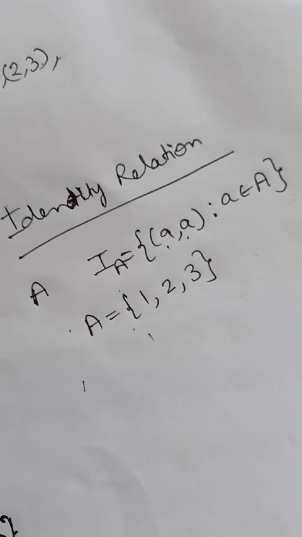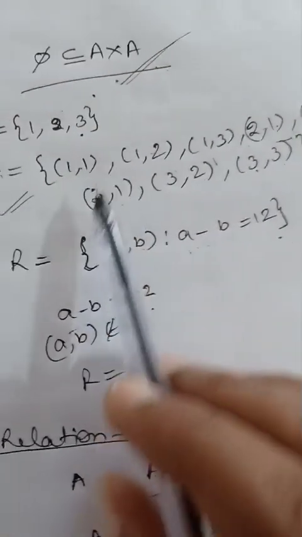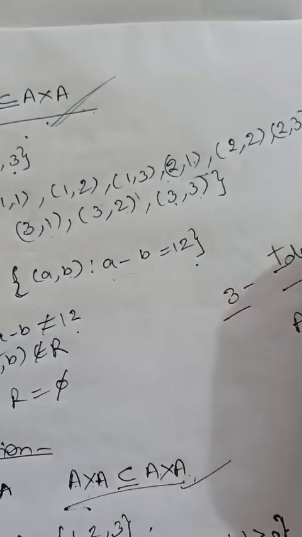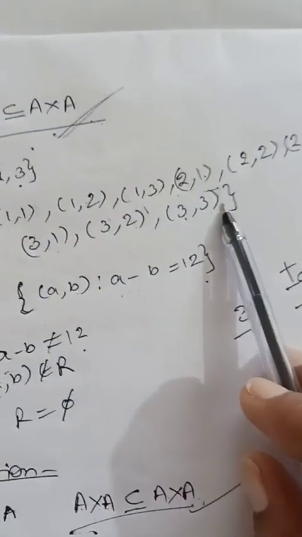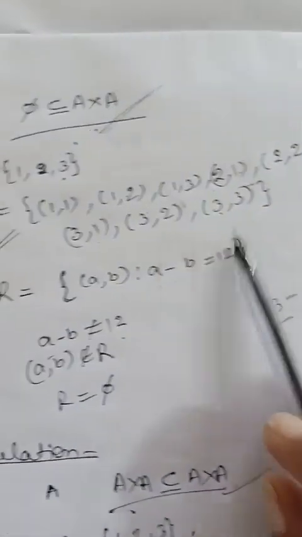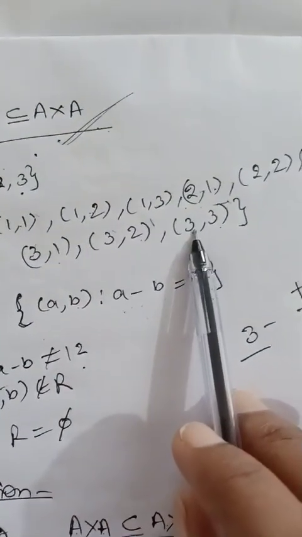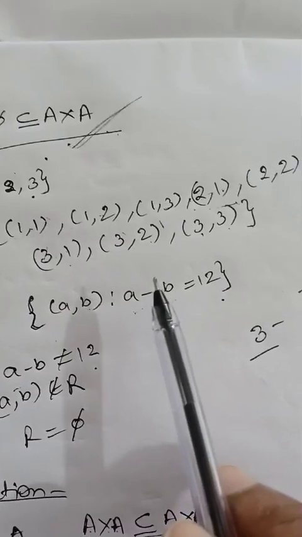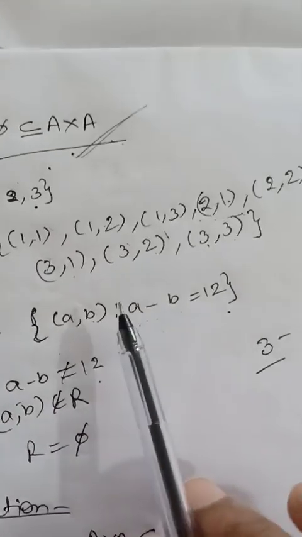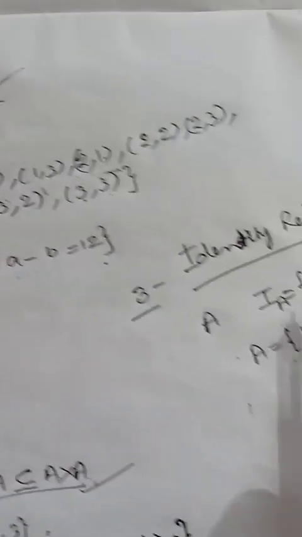Now for an example, let A be the set {1, 2, 3}. Then the cross product will be the same which we have done earlier. You can see here, in these ordered pairs, the ordered pair which is related to itself only will be part of the identity relation.